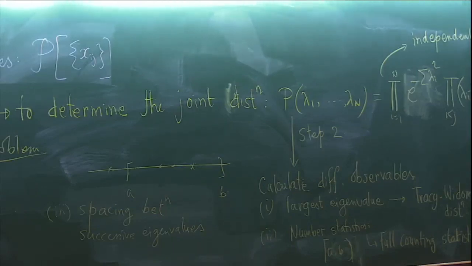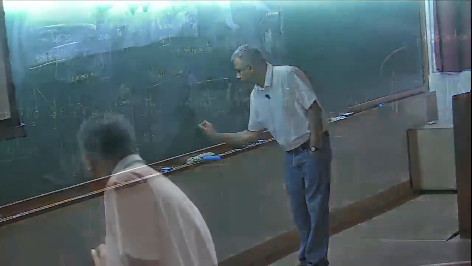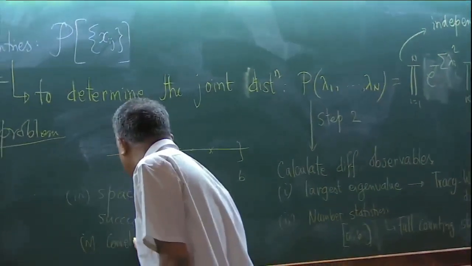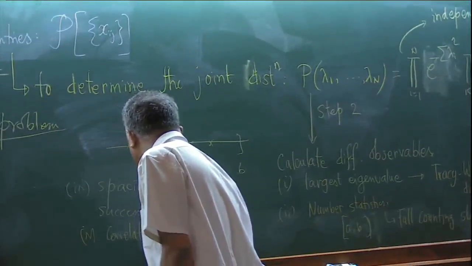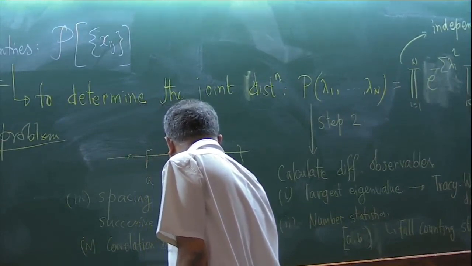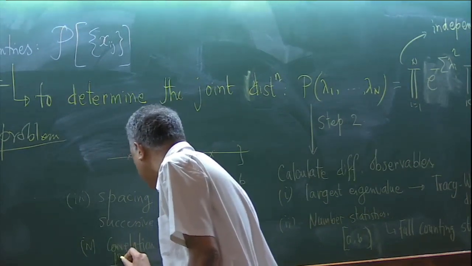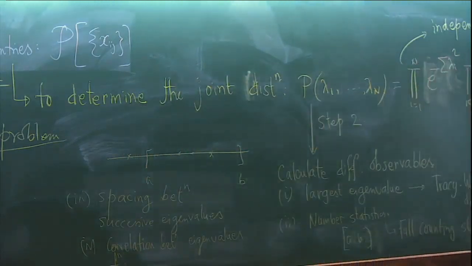And then the correlations between eigenvalues, local correlations, local and global scale, the correlation function. So these are the different observables that we want to compute, starting from the joint distribution.